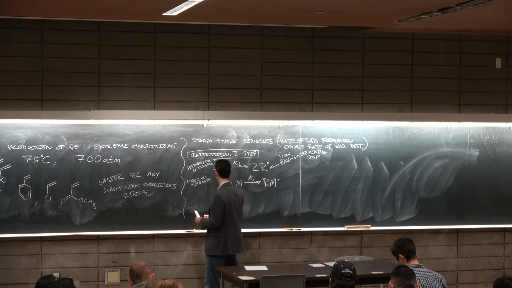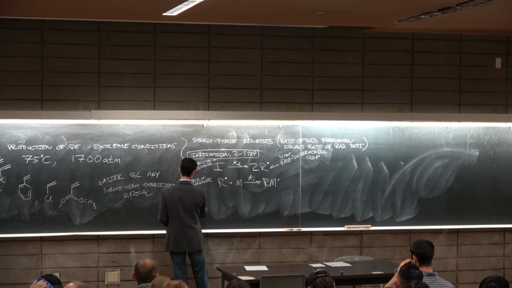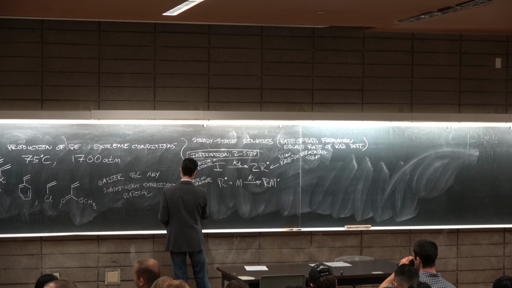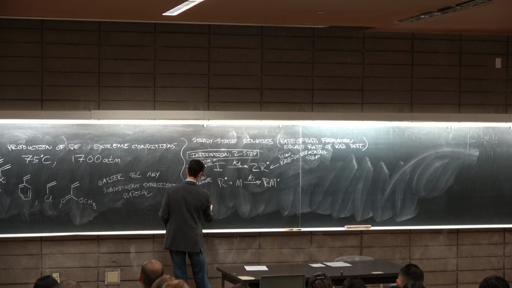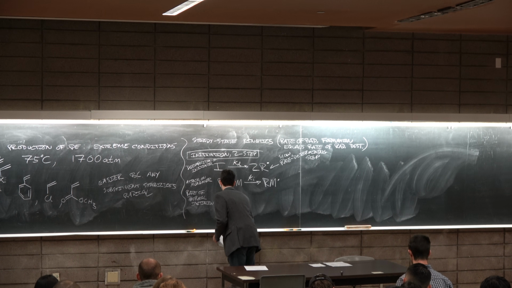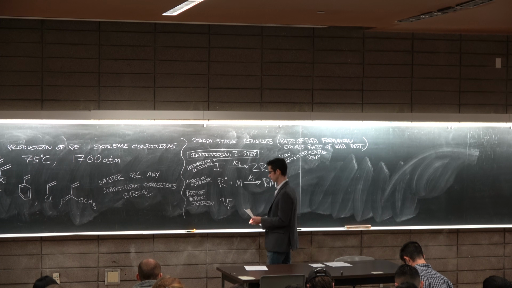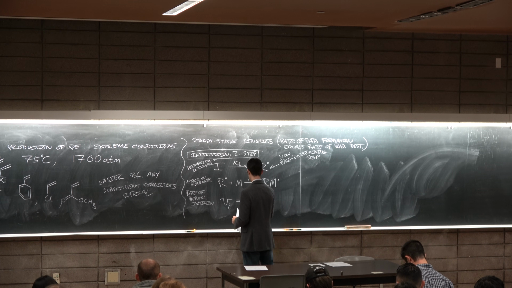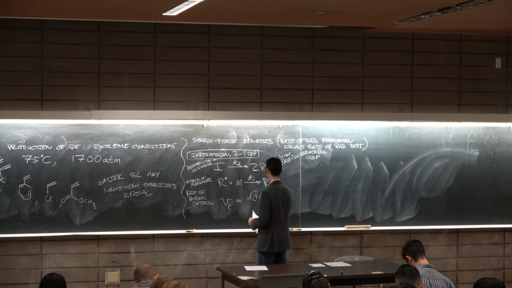So what you have for the rate expression, this is for the rate of thermal initiation. Some rate v sub I, for velocity of initiation, equals the rate of appearance of the Rm dot species.